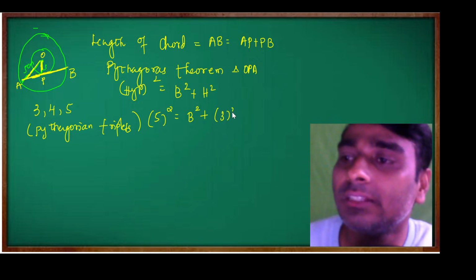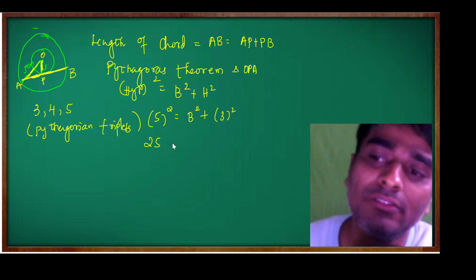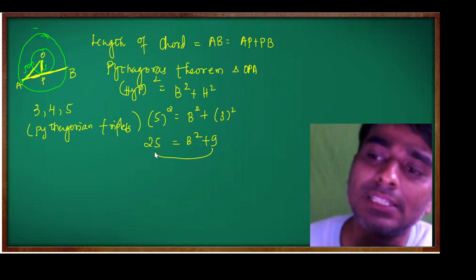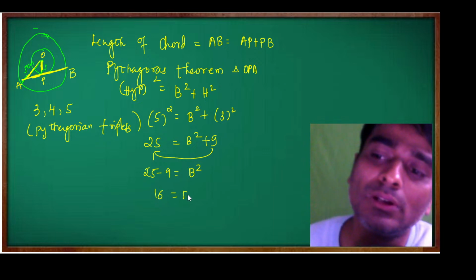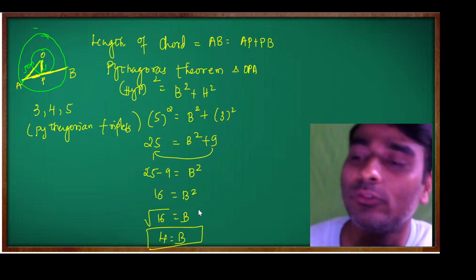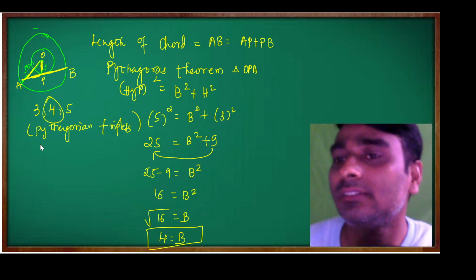And height is given 3 square. So here 25 is equal to b square plus 9. Shift this 9 here, you will get 25 minus 9 equal to b square. This is 16 equal to b square, but I want b, therefore I will put square root here, which is equal to 4. See, I told you, right? 4 you will get. Pythagorean triplet.